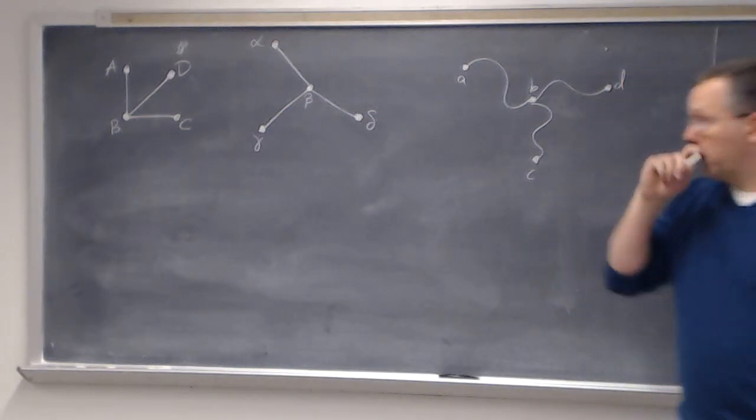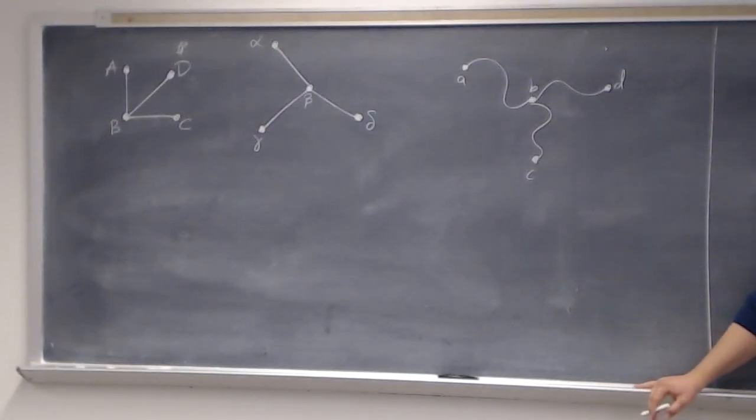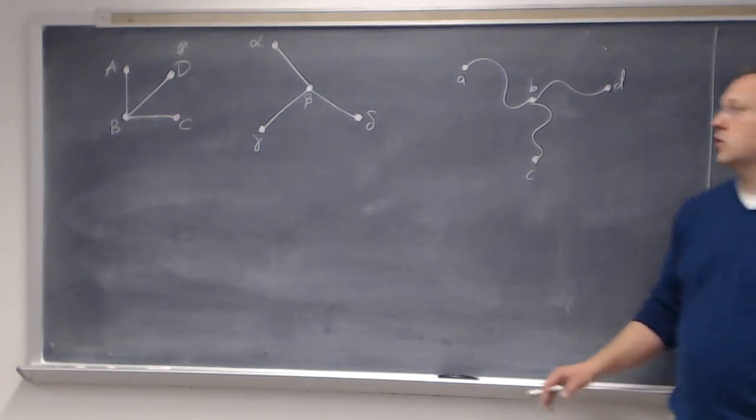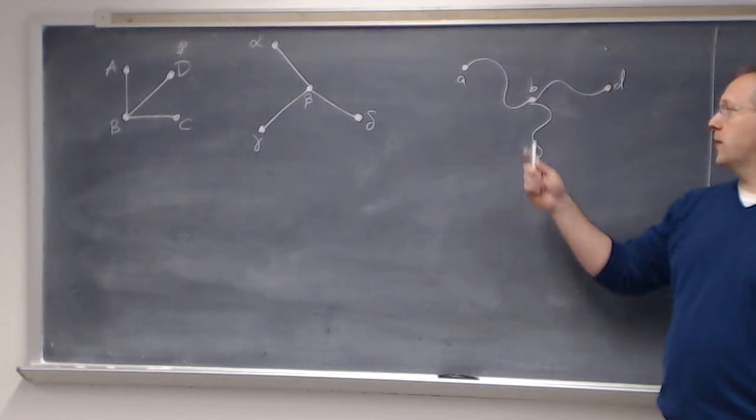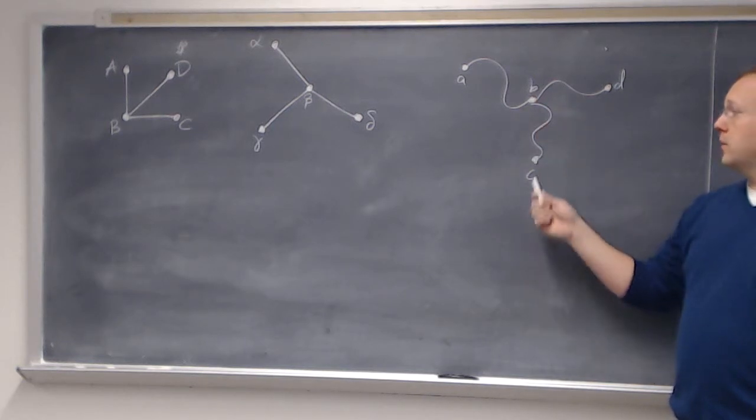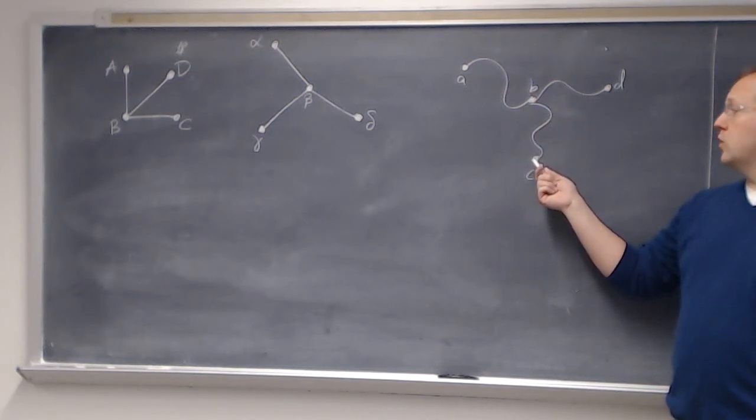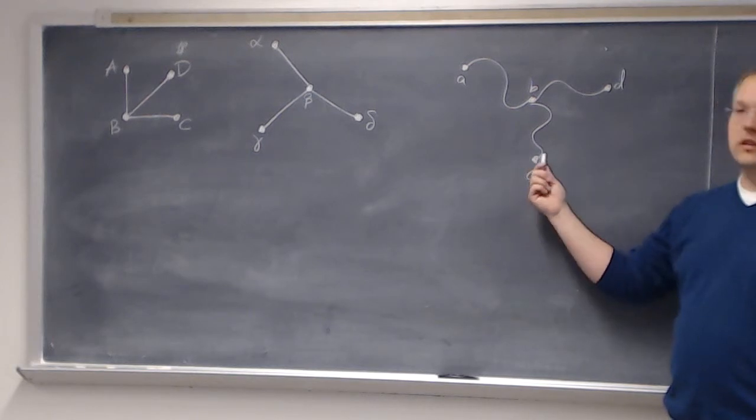Look at these three graphs. When you say line, you often mean a straight line, but I didn't say it had to be straight. Sometimes it's impossible to draw the graph with all straight lines, so you might have to go around. Some graphs can use loops, where a vertex is connected to itself.